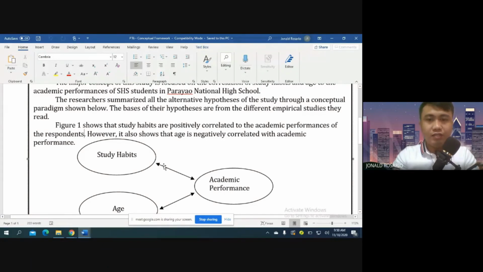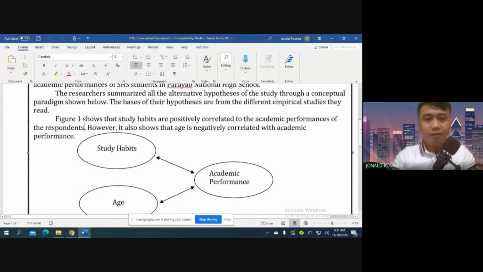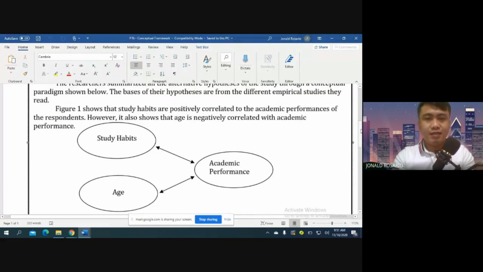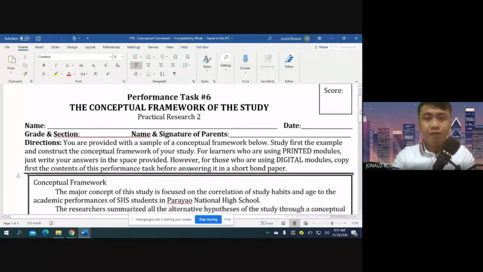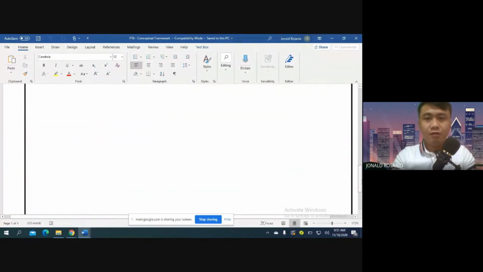However, it also shows that the age is negatively correlated with academic performance. So, that is our conceptual framework. And then, dito nyo lang isulat yung inyong conceptual framework sa baba.